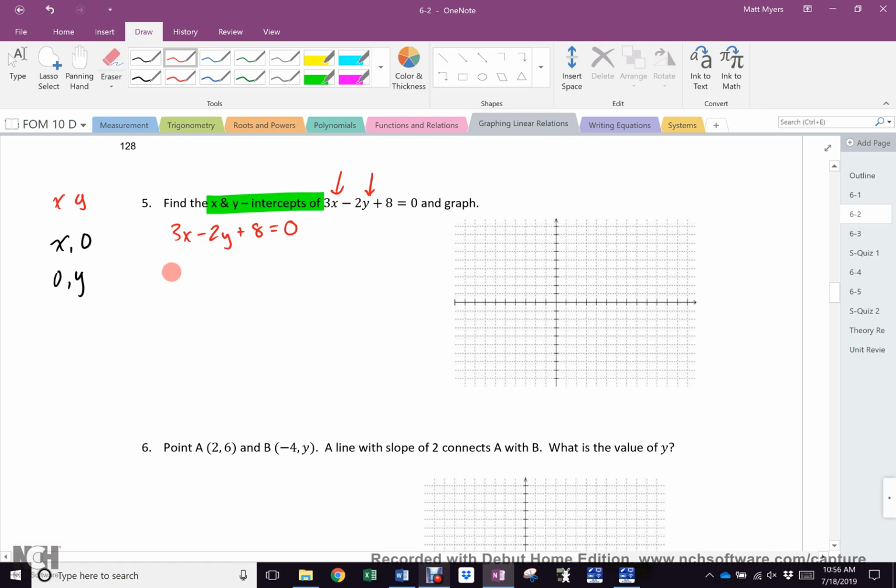If you move 8, you get 3x minus 2y equals negative 8, right? When I'm doing this line, y is 0. So what happens to this? It disappears. And I get 3x equals negative 8. So x equals negative 8 thirds.